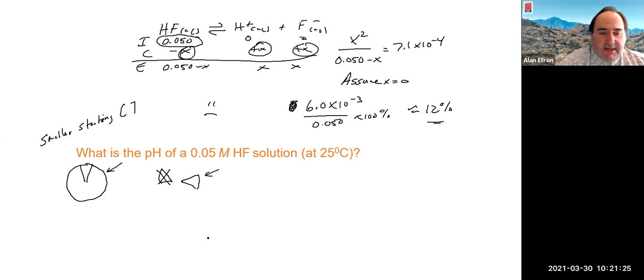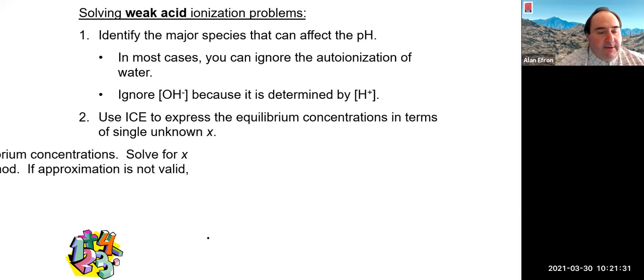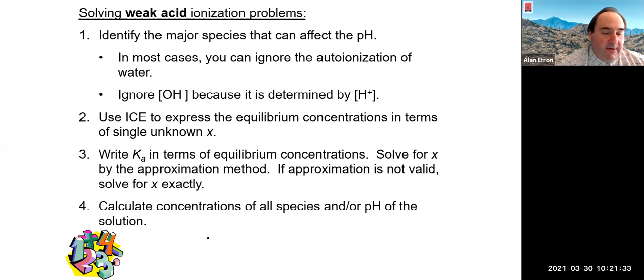So as we saw here in this example, we really do solve these weak acid problems, or Ka problems, pretty identical to how we approach a normal equilibrium problem. Really, the main difference is we are looking for the H plus concentration at the end so that we can simply put it into our pH equation.